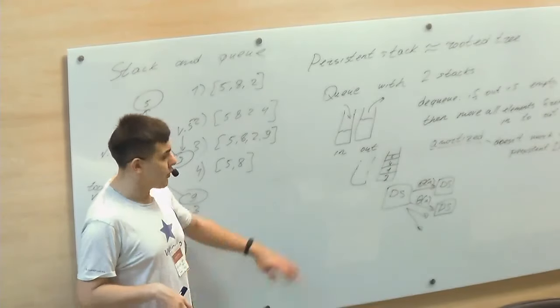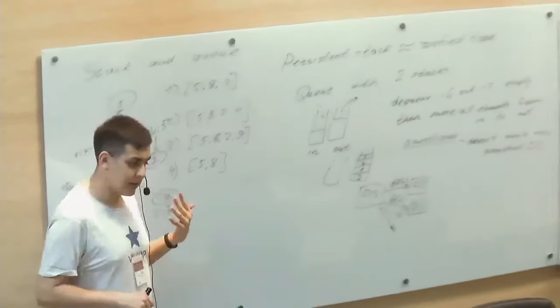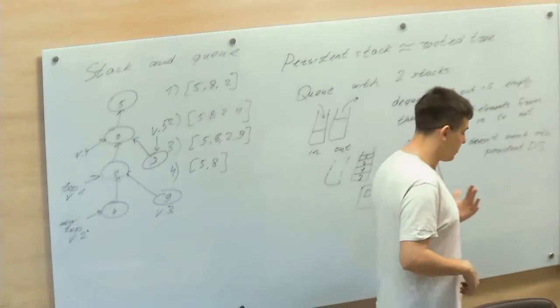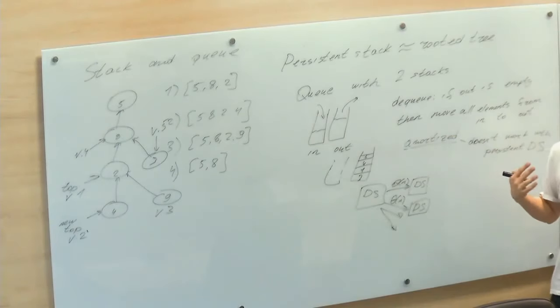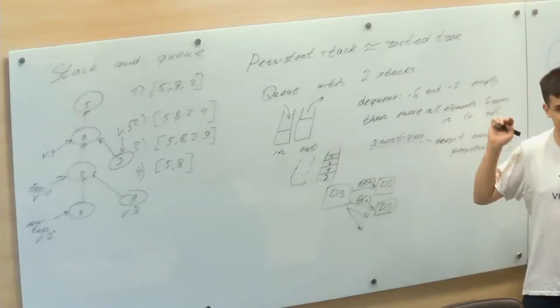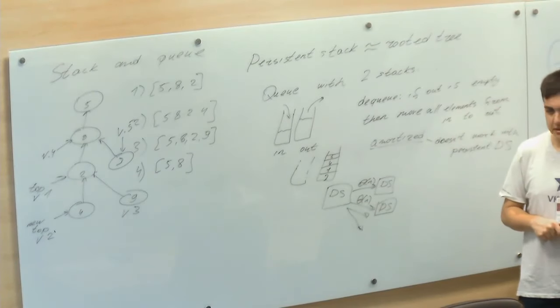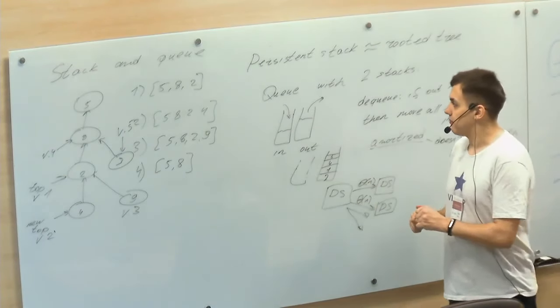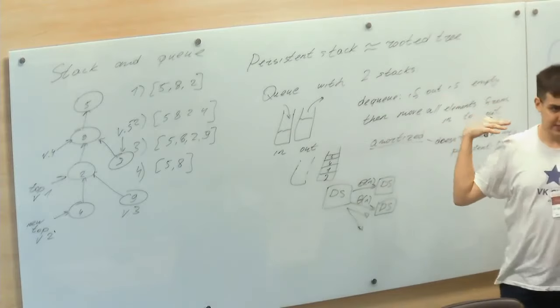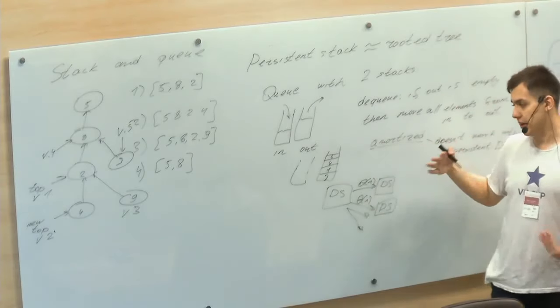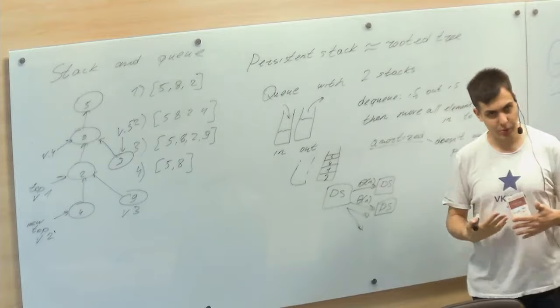Well, we cannot do it with two stacks. It turns out if we allow a little bit more stacks, then we will still be able to do it. So it's possible to implement a queue with stacks in real constant time, but with more stacks.